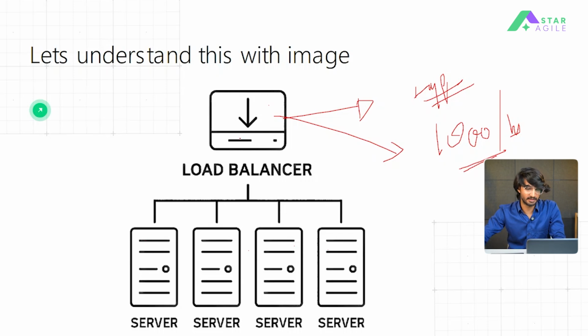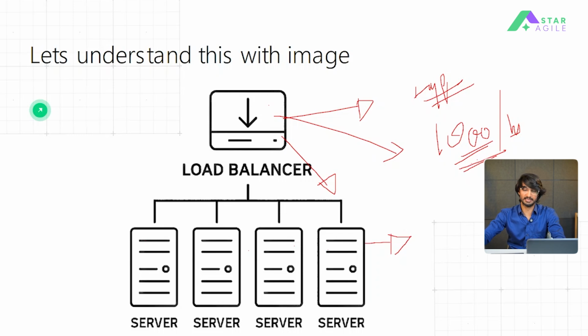Now, in this case, the backend of Flipkart is able to handle only 1000 requests per hour. But if this number goes beyond 1000, and we all know that during Flipkart Big Billion Day, the number of customers who access Flipkart will increase 4 or 5 folds.